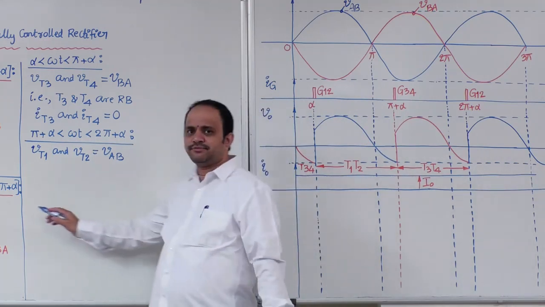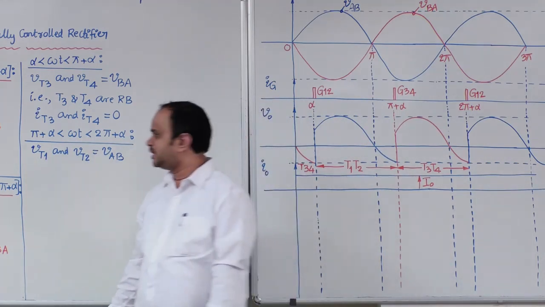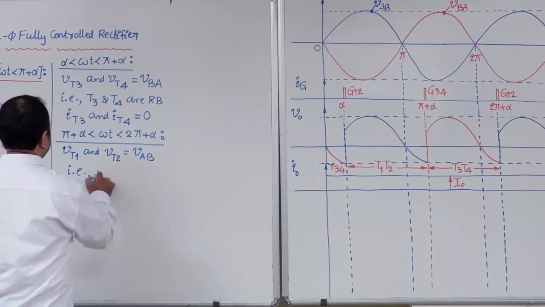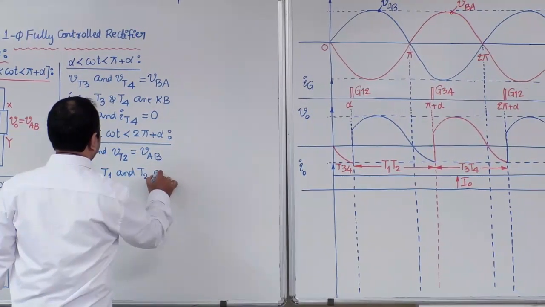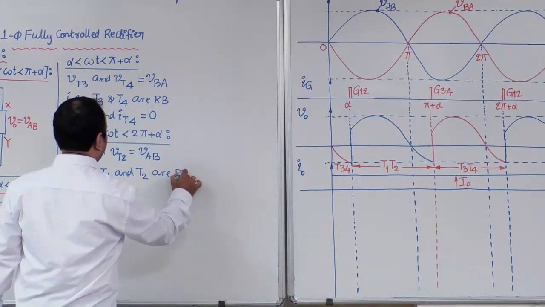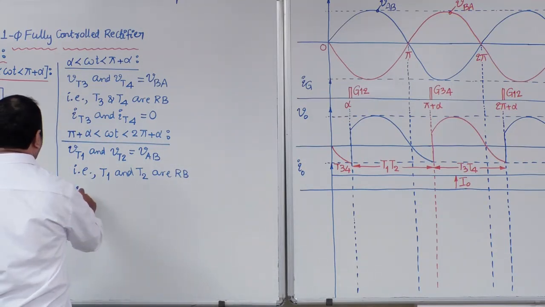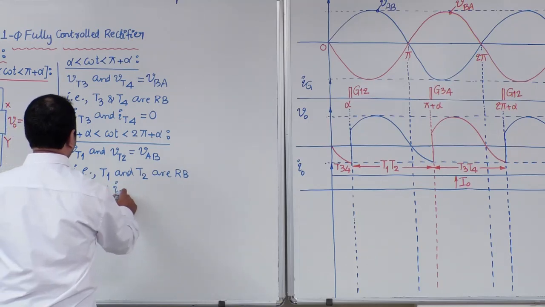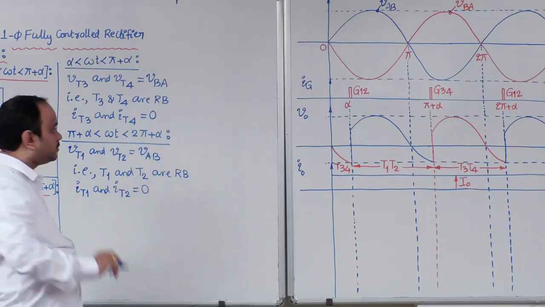Whenever the T3, T4 pair is triggered, the T1, T2 pair is reverse biased. Let us write down that point: T1 and T2 are reverse biased. Next, the current flowing through T1 and T2 is equal to 0.